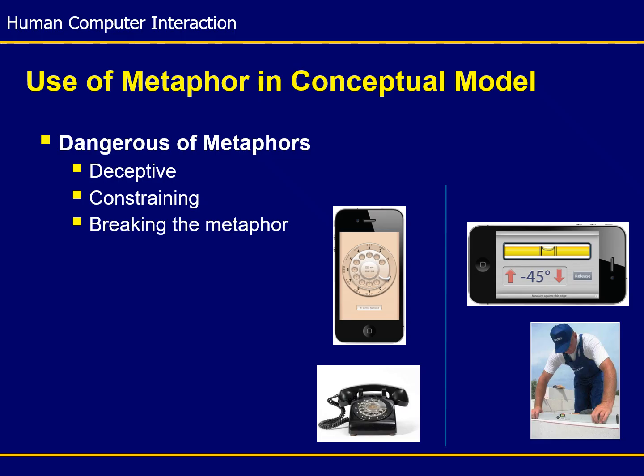Now let's look at these two examples. On the left, you see an iPhone, and the dial screen has been changed to simulate the dial circle that existed in old phones.